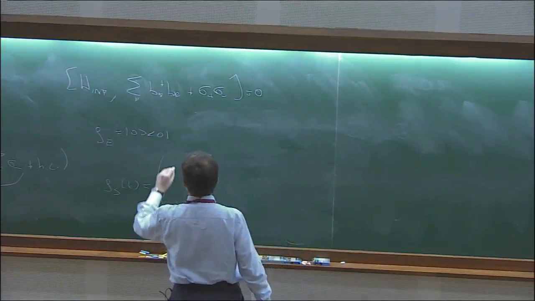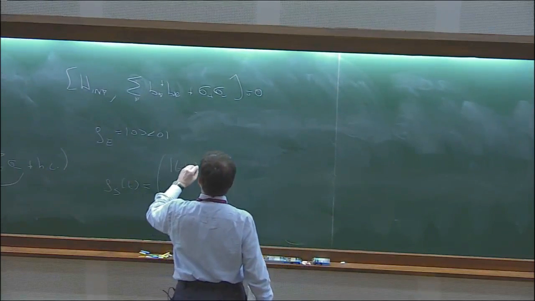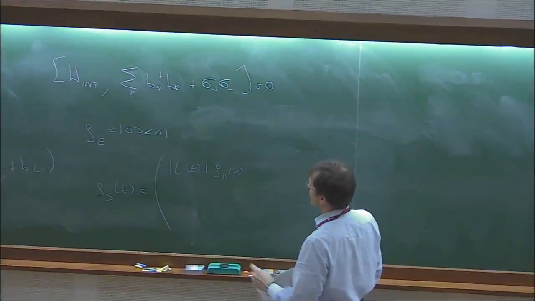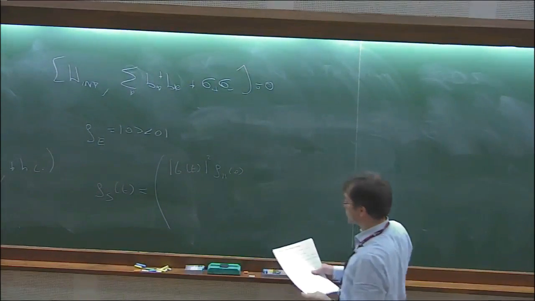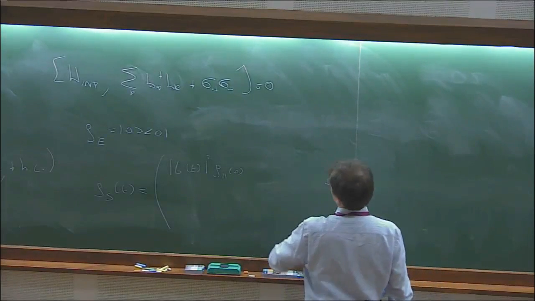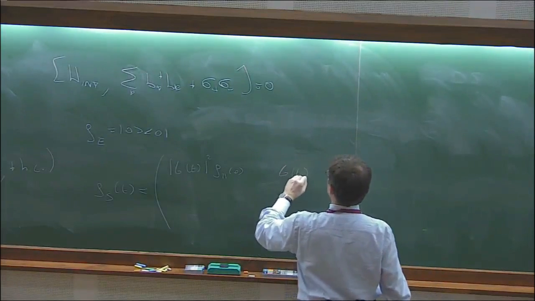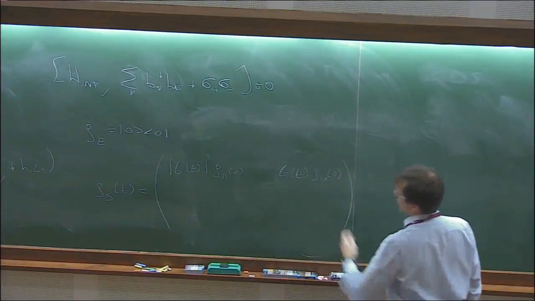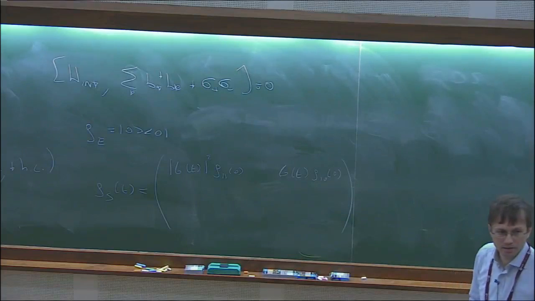And this is fixed once I say what happens to the population, which is multiplied by the modulus square of this function g, I'm going to do this in a minute, and what happens to the off-diagonal matrix element, which is multiplied by g of t. The rest follows because of trace conservation and Hermiticity.